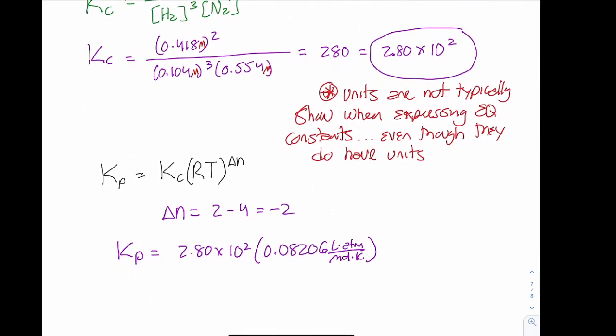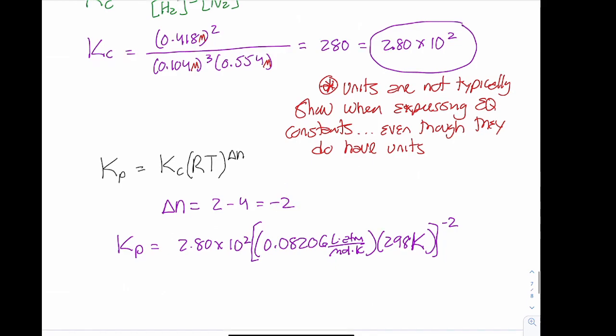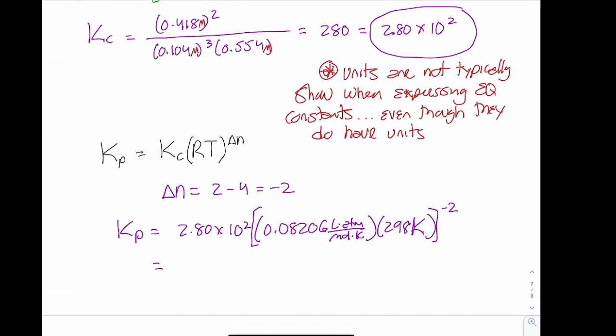So 25 is considered room temperature. I am going to add that to 273, get 298. I can do math. Kelvin, capital K. And then be careful on this math, right? It's only RT that's raised to delta N. So I do need to throw some brackets around here and then raise this to the -2 power because that's what we got for delta N. So if you want to grab your calculators again, it would be a great idea.